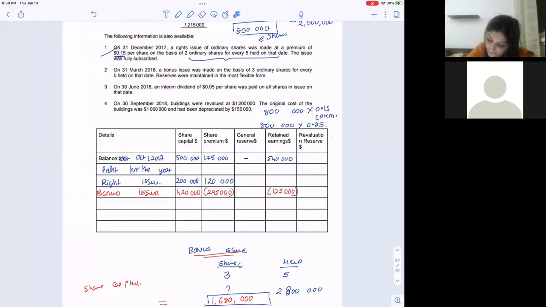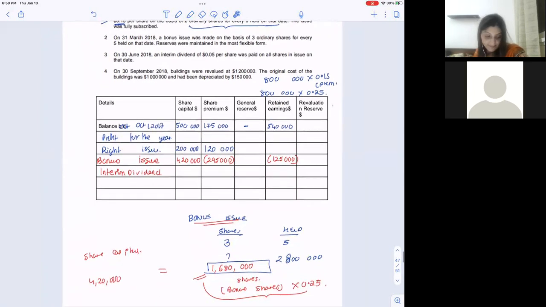Let's go ahead. Interim dividend. You're going to pay the dividend on all these shares. So first add all of them: 500,000 plus 200,000 plus 420,000, 1,120,000, divided by the face value of 0.25.